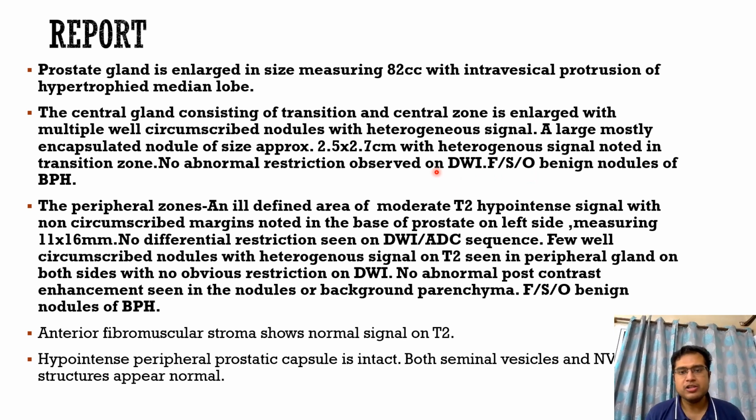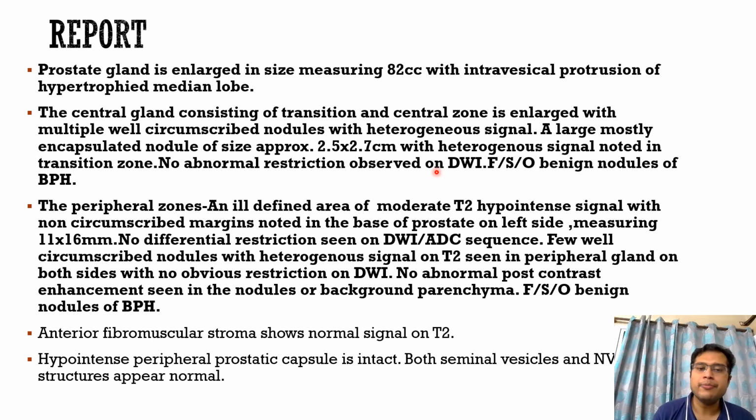Then coming to the peripheral zones, where the dominant sequence is actually DWI, an ill-defined area of moderate T2 hypointense signal, which was not very circumscribed, was seen at the base of the prostate, both on axial and the coronal images on the left side.